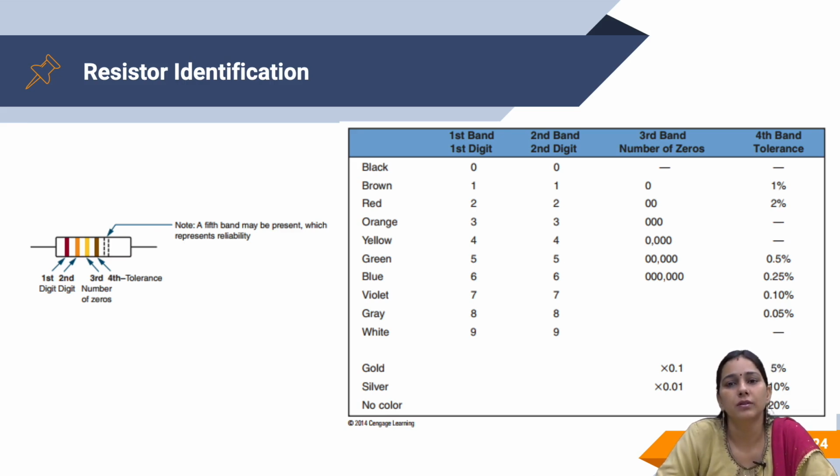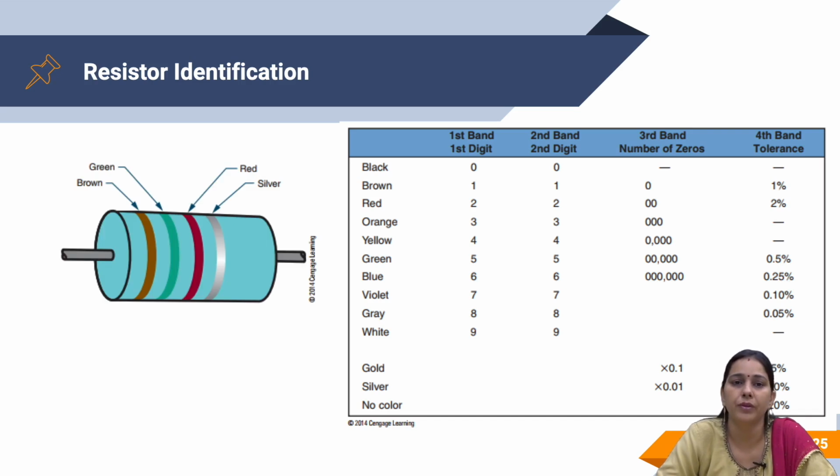Let us proceed with an example. You can see on the slide that we have four colors on the bands of the resistor. Number one is brown, second is green, third is red, and fourth is silver. What is the digit for the first band? Brown, that is 1. What is the digit corresponding to green? That is 5. What is the value corresponding to red?